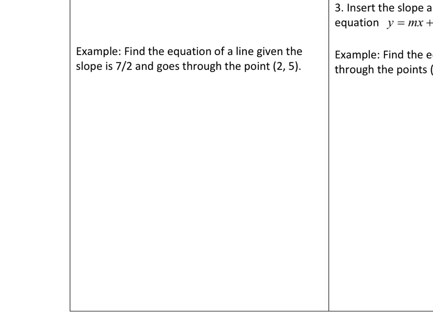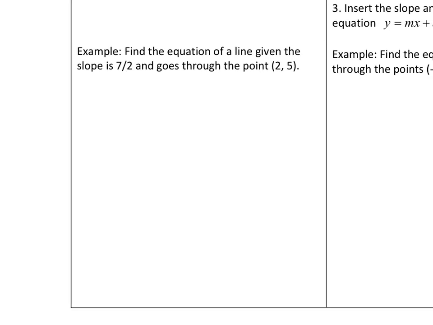So what that would look like is this one right here. It says find the equation of a line given the slope is 7/2 and it goes through the point (2, 5). So here's how this would work. You would start by saying, okay, I know my slope, which is my m value. So I've got y is equal to 7/2x plus b.